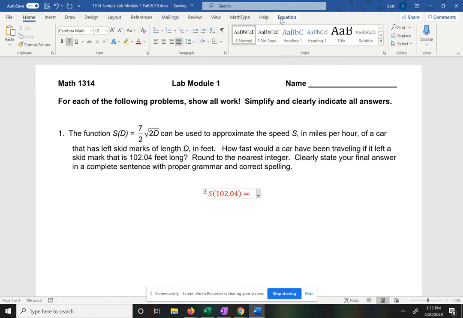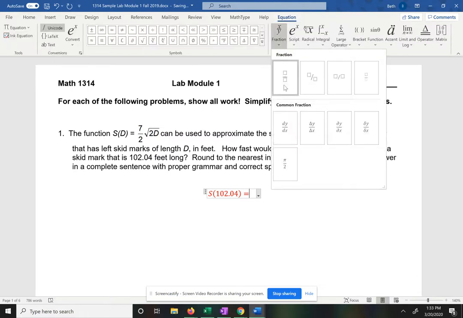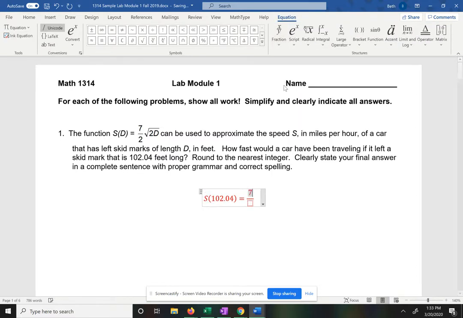Okay, so type the equation tab, and then I need to put 7 halves, and then the square root of 2 times 102.04. And then all I did was just hit enter there.